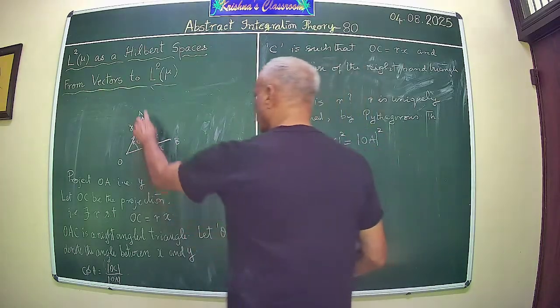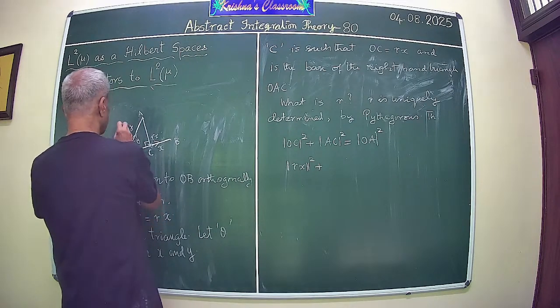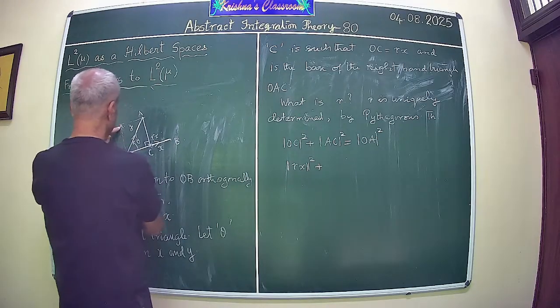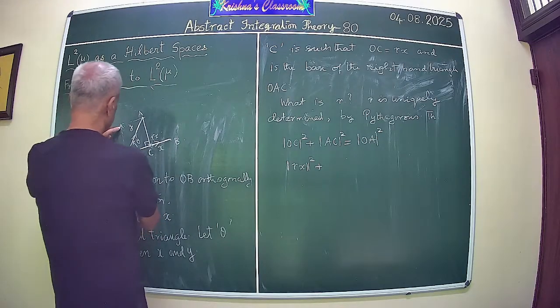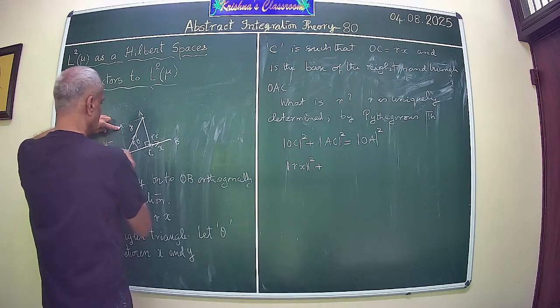AC is what? AC is actually, complete this, this vector is y minus Rx.